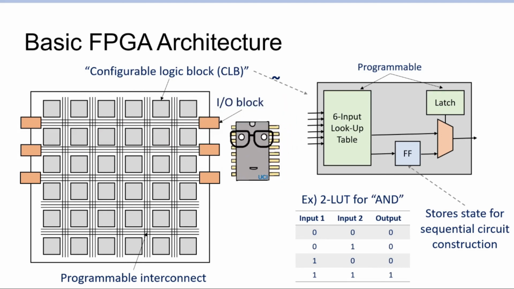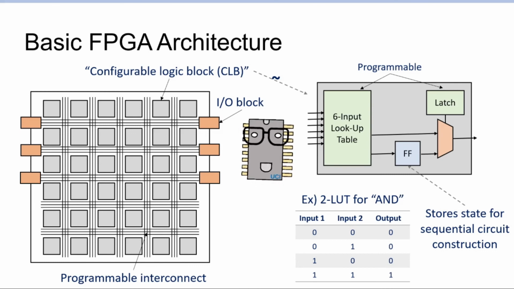We won't go into too much detail about the interconnect, except that it is there. It can connect pairs of CLBs as a combinational wire.